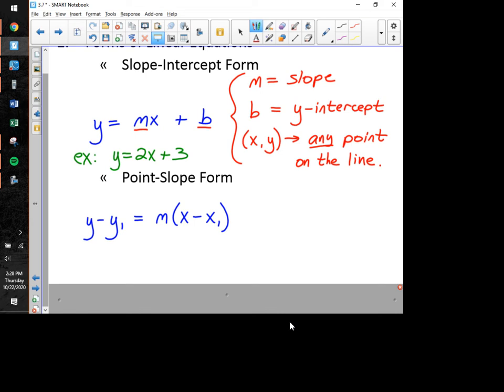Now, what I'm about to show you isn't really necessary here, so you probably don't want to write this down. But if you're ever wondering where this very strange-looking form comes from, in certain ways of writing it, you could put little subscripts of 2 on the x and the y. If we were now going to try to solve this equation for m, we would divide both sides by the binomial quantity of x2 minus x1.